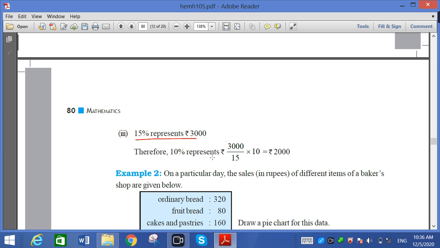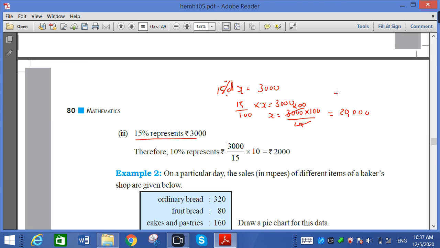So to find 10%, here we write that 15% of x is equal to 3000. 15% of x, so 15 upon 100 multiplied by x is equal to 3000. So x is equal to 3000 multiplied by 100 divided by 15. So 200, that is 20,000.